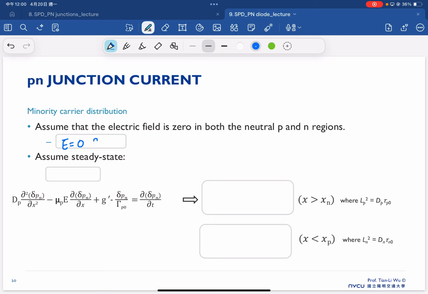Also, the additional generation G prime is 0 here. And we also consider the steady state, so the time dependency of this delta Pn should be equal to 0. With all these assumptions, we can simplify the equation to this one.